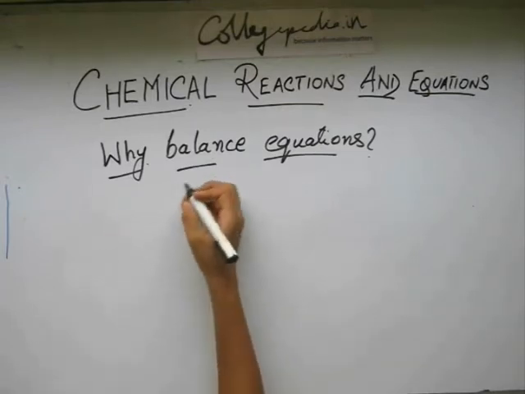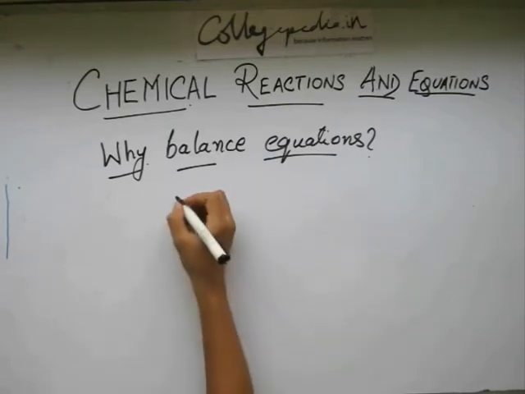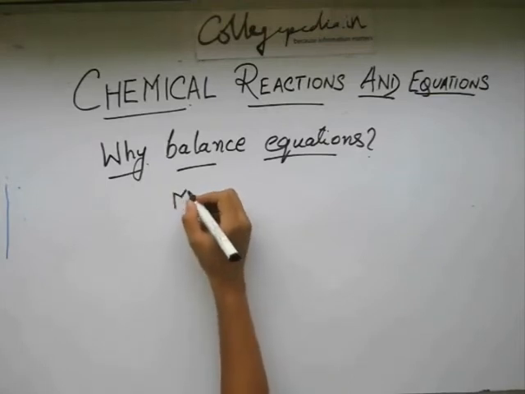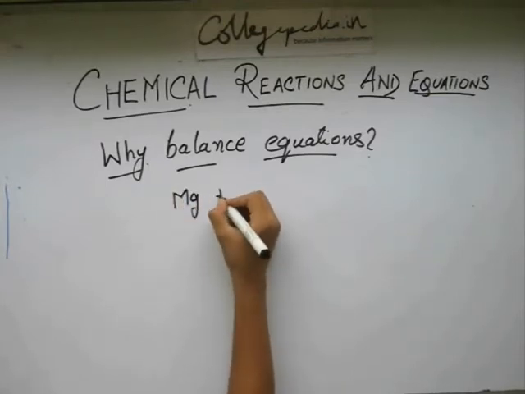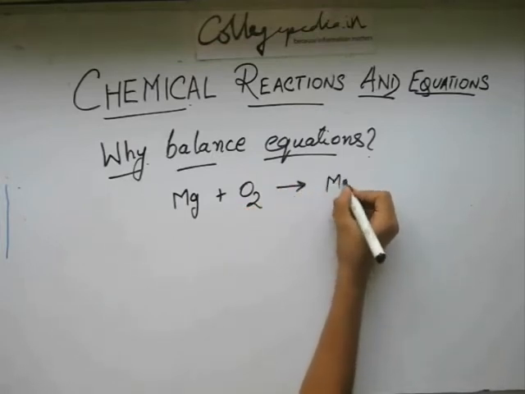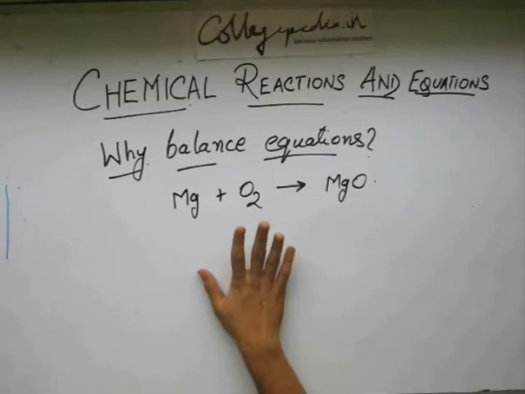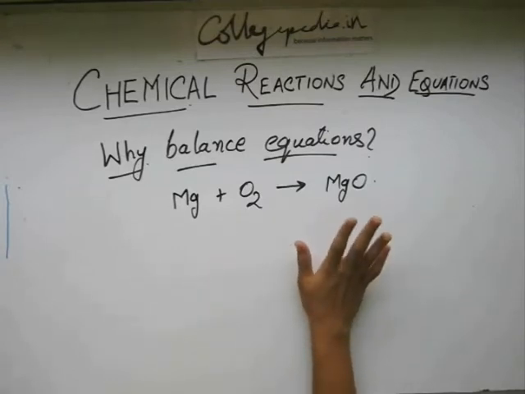So the thing is how to balance the equations. Suppose we have this very basic equation: Mg plus O2 gives MgO. Now you will see that there are 2 atoms of oxygen on this side and 1 atom of oxygen on this side.